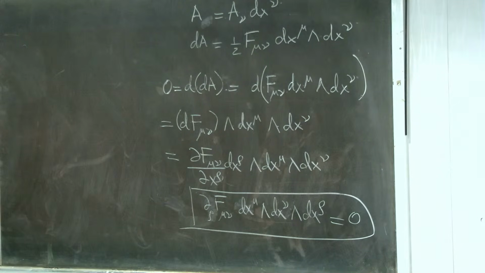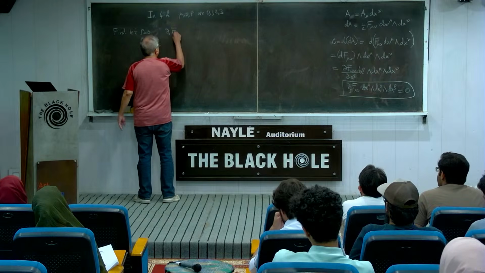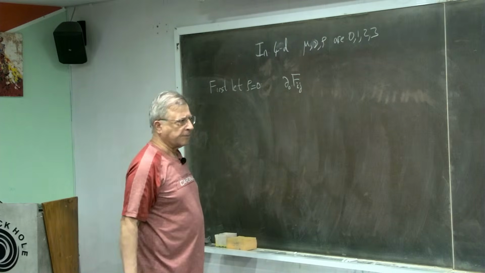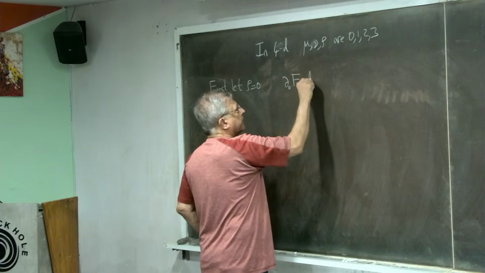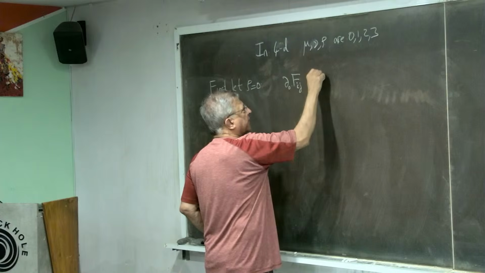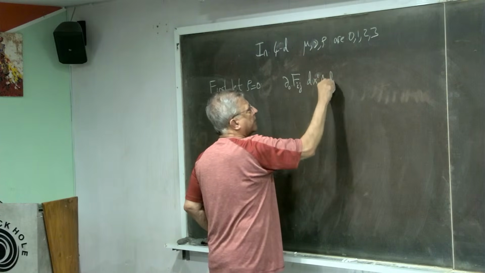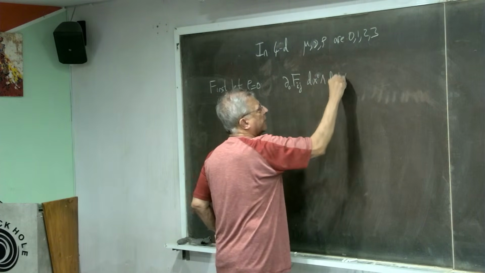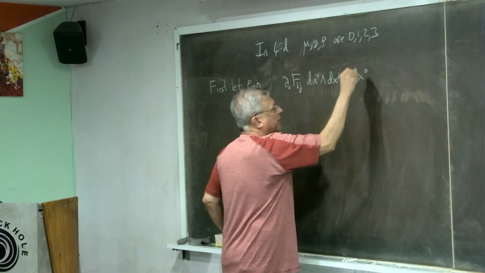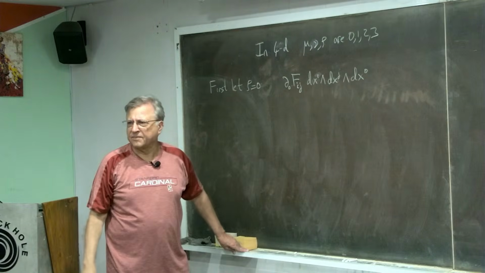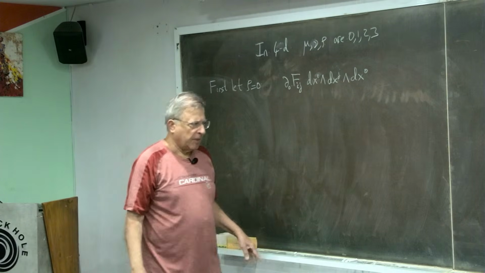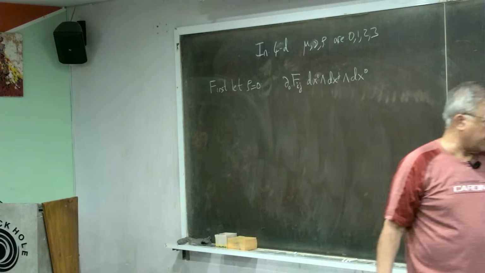So ij, dxi... dx0 is the same as dt. Okay, but I cannot stop here.